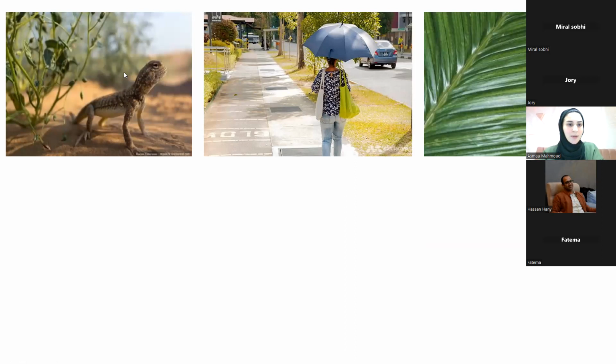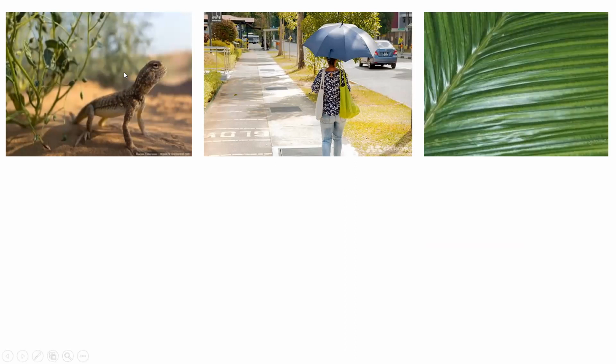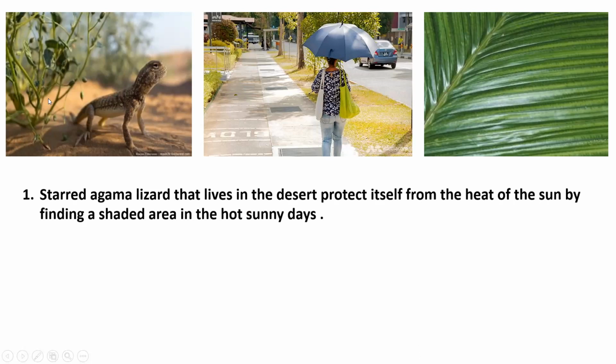Okay, there are some pictures in front of you on the screen. These are some living organisms that protect themselves from the heat of the sun. How can every one of the living organisms protect itself from the heat of the sun? If you look at the first picture, this is a gamma lizard that lives in the desert.